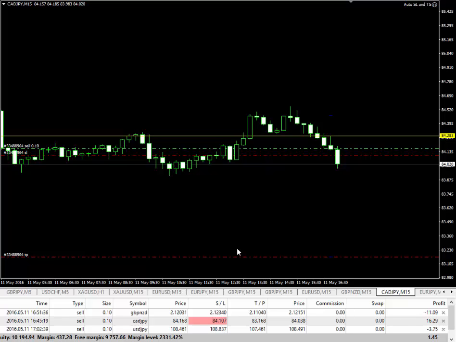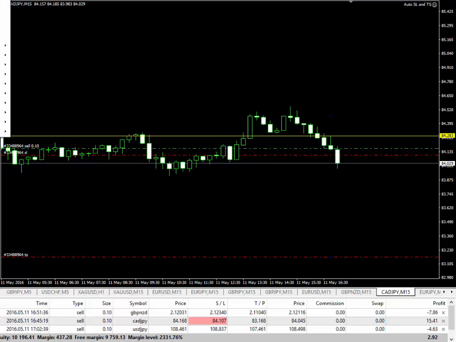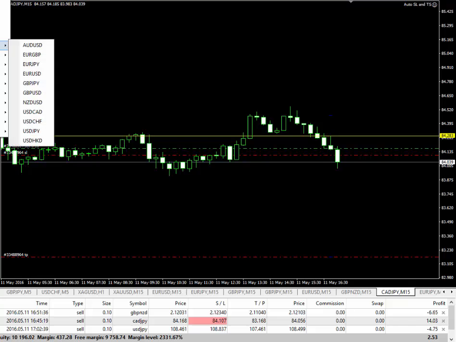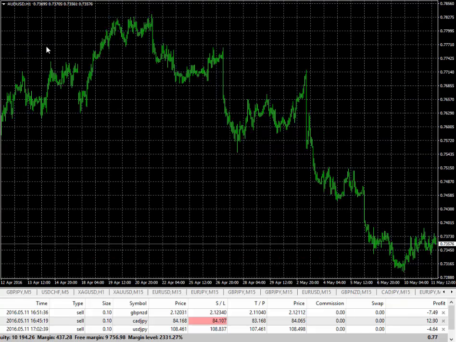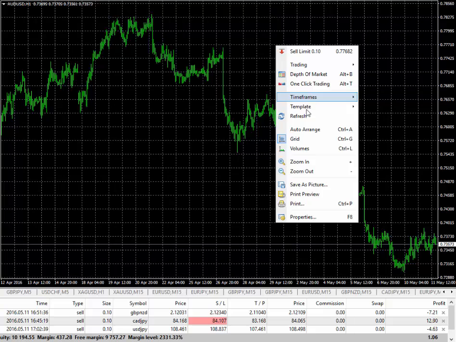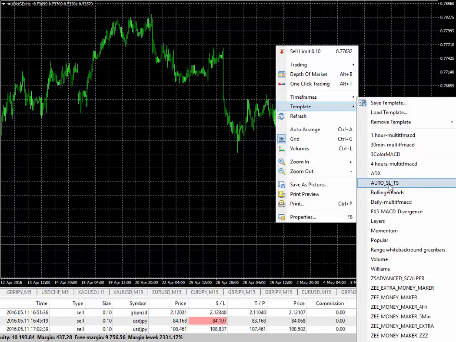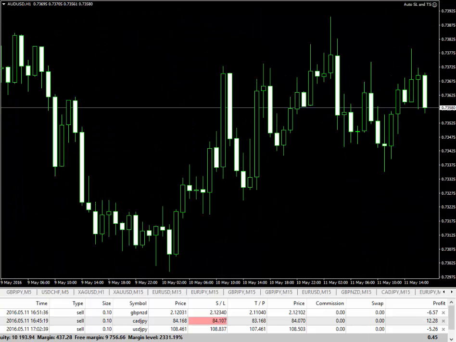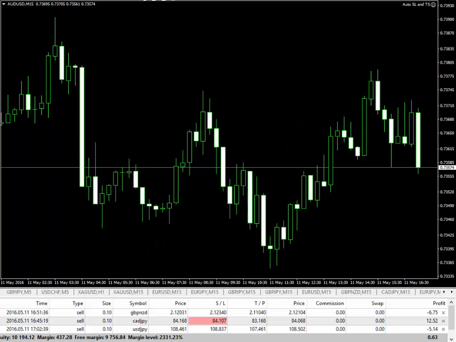Now the next signal I'm getting from Solomon is Australian dollar and US dollar. Let's open a new chart, go to Australian dollar, US dollar, right click, template, auto stop loss, turn it into 15 minutes.